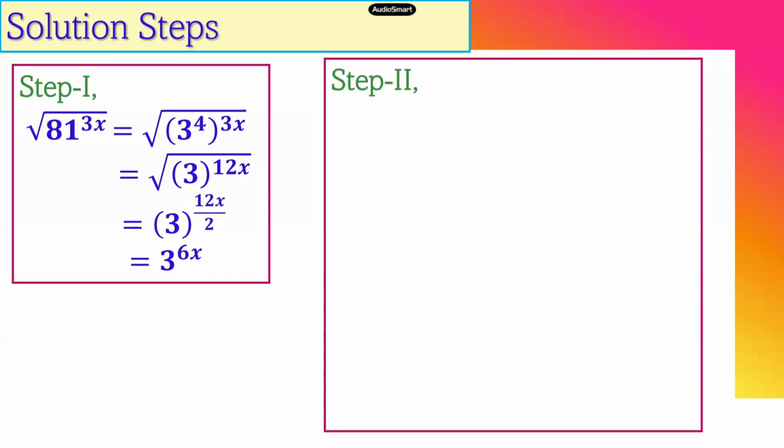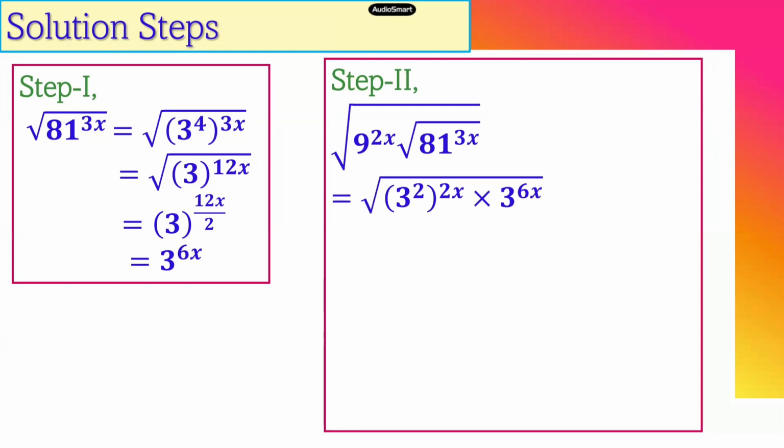Now we move to step 2, and we will calculate this square root. So already 81 to the power 3x is 3 to the power 6x, and then we simplify 9 to the power 2x. So 9 can be written as 3 squared and then to the power 2x.